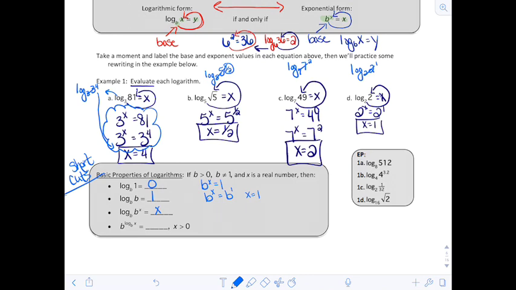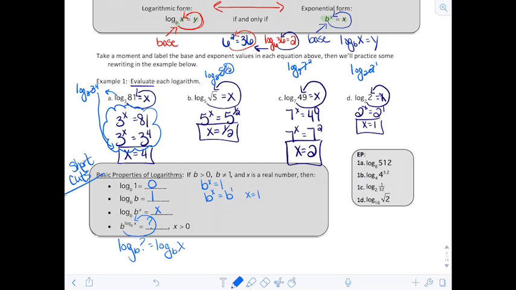So if we wanted to determine the value of this, we could still write it as a logarithm. If I mark this with a question mark, I could say the log base b of what equals the log base b of x.